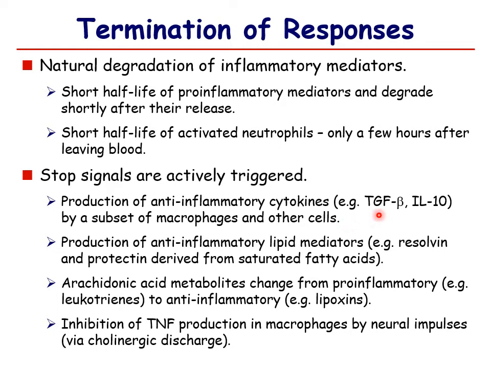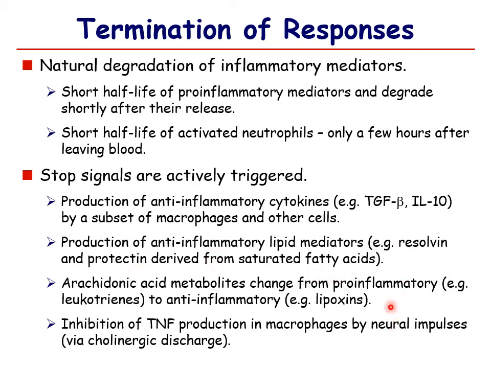Also, production of anti-inflammatory lipid mediators induce active signal to downregulate and terminate inflammatory response. And major examples of these lipid mediators are resolvin and protectin, and they're derived from unsaturated fatty acids.